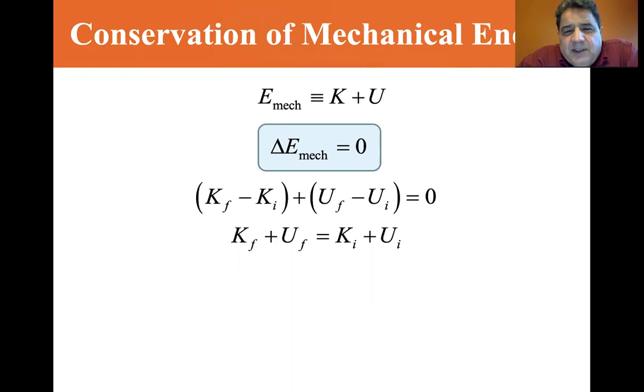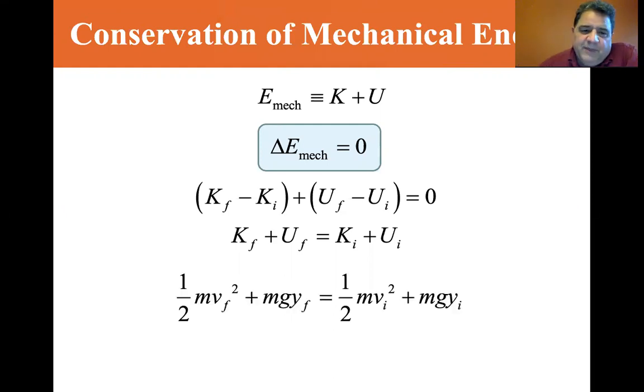Moving the initial terms over, kinetic energy final plus potential energy final is equal to the initial kinetic energy plus the initial potential energy.